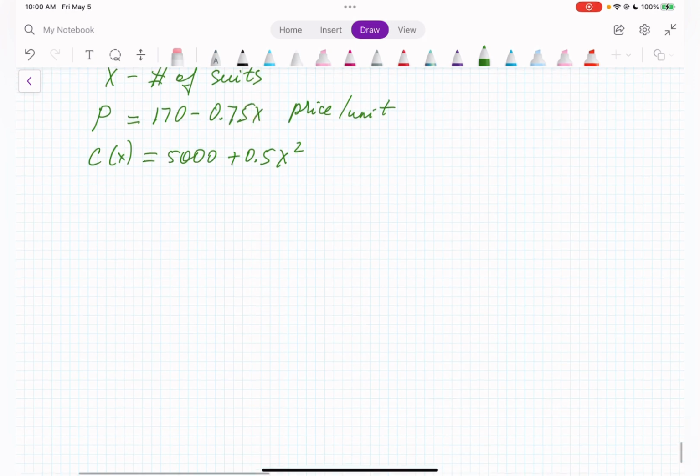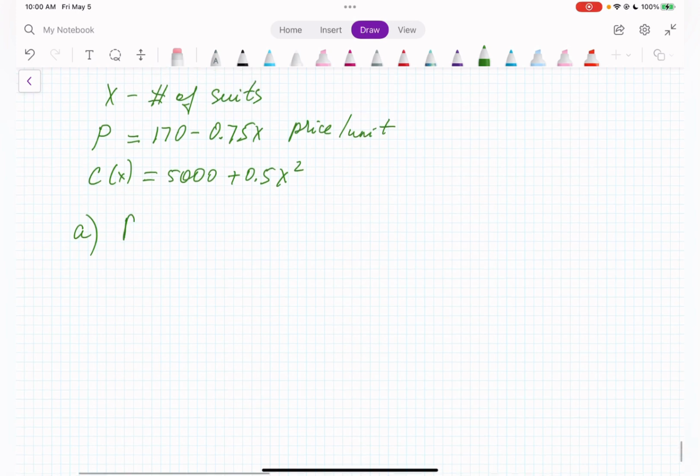Okay, so question number 1. We need to find the total revenue R of x. The revenue R of x is equal to price per unit times the amount of units, right?